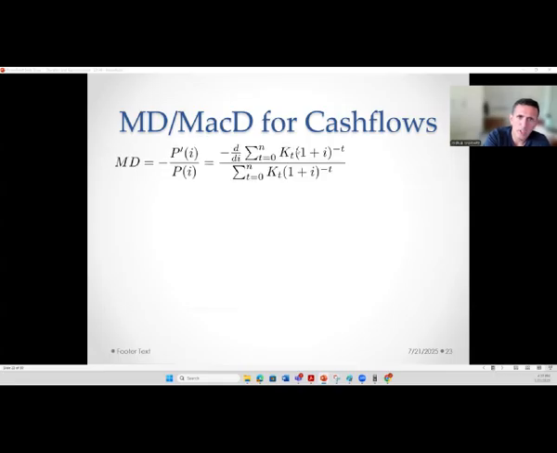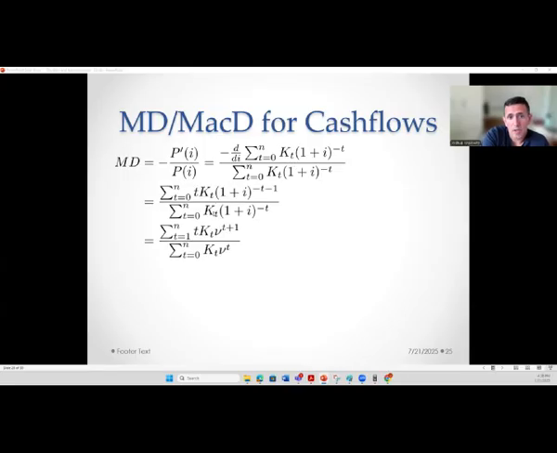And therefore modified duration is P prime over P. Well, I'm going to differentiate this with respect to i. So when t equals 0, the derivative of K0 is just a constant. Ignore the denominator, that doesn't change.